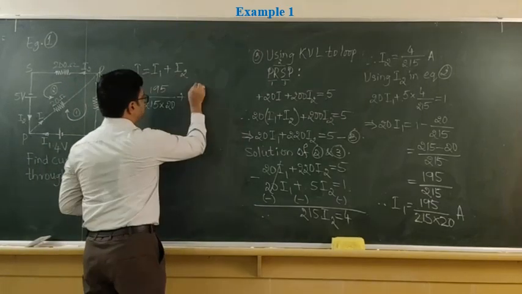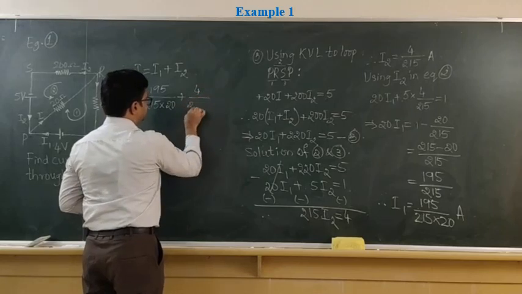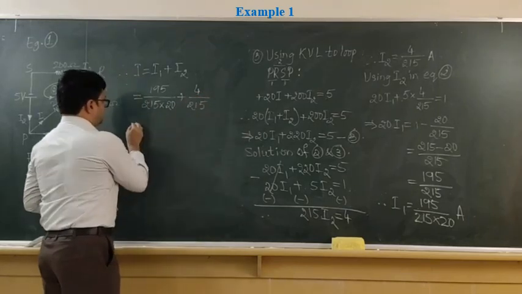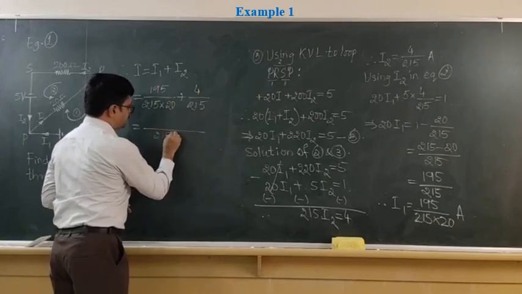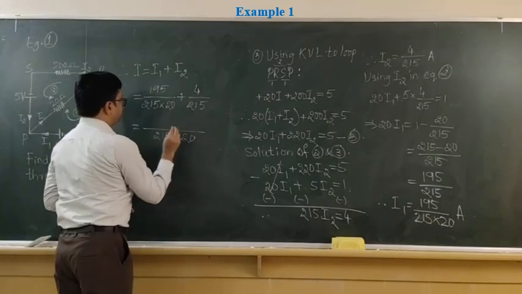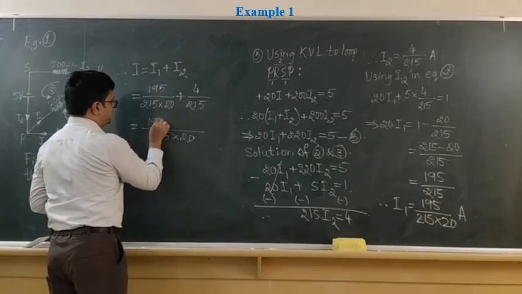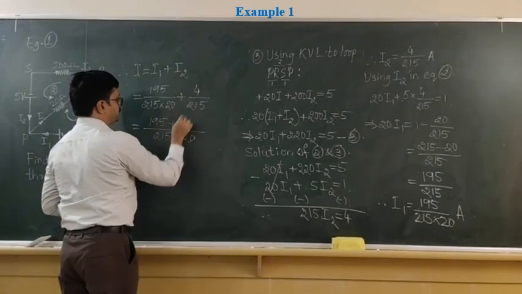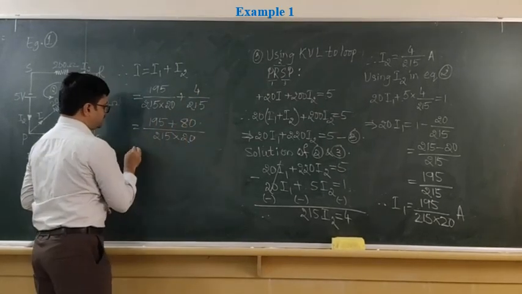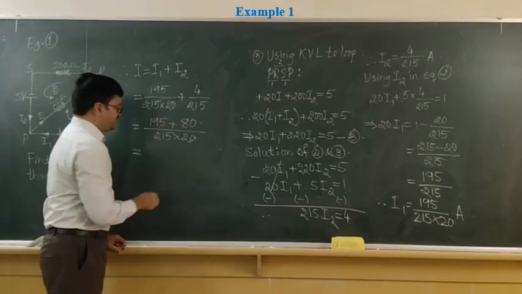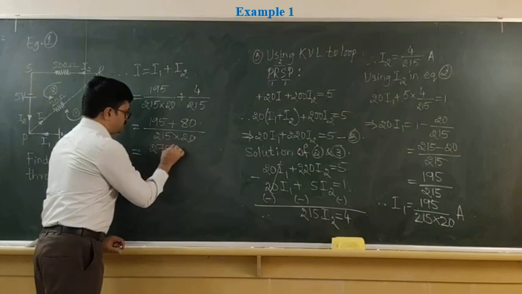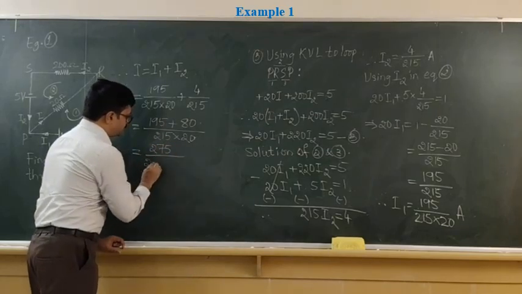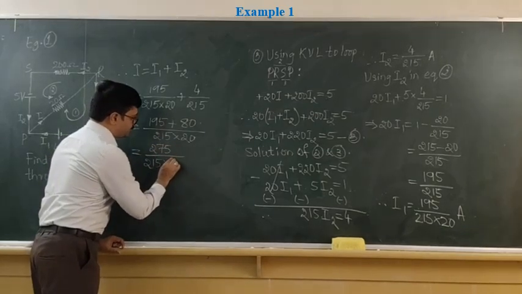I2 is 4 divided by 215, and here the LCM is 215 into 20. Therefore, I will get this as 195 plus 4 into 20, that is 80 here. So 195 plus 80 is 275. 275 divided by 215 into 20.